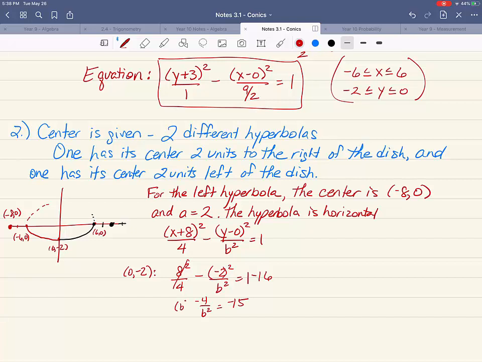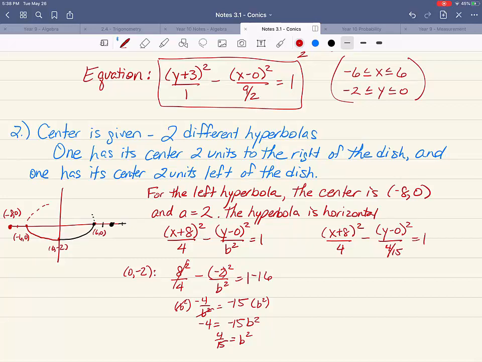Do what we did before. Multiply both sides by b squared. -4 equals -15b squared. b squared equals 4 over 15. So this equation will be (x + 8) squared over 4 minus (y - 0) squared over 4/15 equals 1.